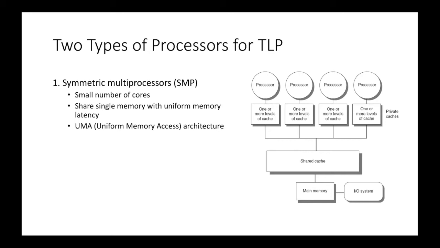As you can see from the diagram, the last level cache is shared among processors or cores, and the main memory the same. So they have a uniform memory access architecture called UMA, Uniform Memory Access Architecture.